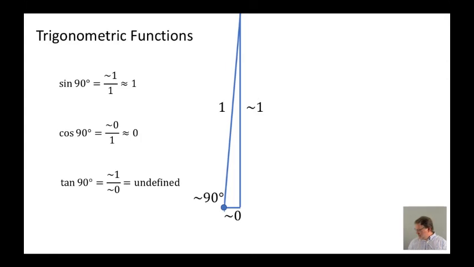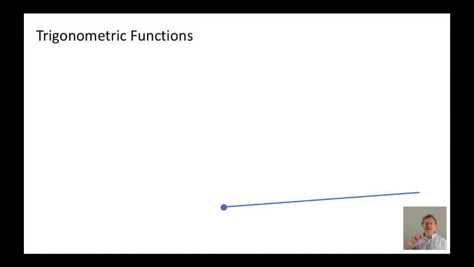And let's actually switch from angles that are very, very big, in other words, close to 90 degrees, to angles that are very, very small. So this one was previously almost vertical. Let's make this one almost horizontal, just a little bit above the horizontal here. So this angle here is pretty close to 0 degrees, we'll say, just a little bit above 0 degrees. And again, our hypotenuse is 1, but let's ask ourselves the question, what's the length of these other two sides here?